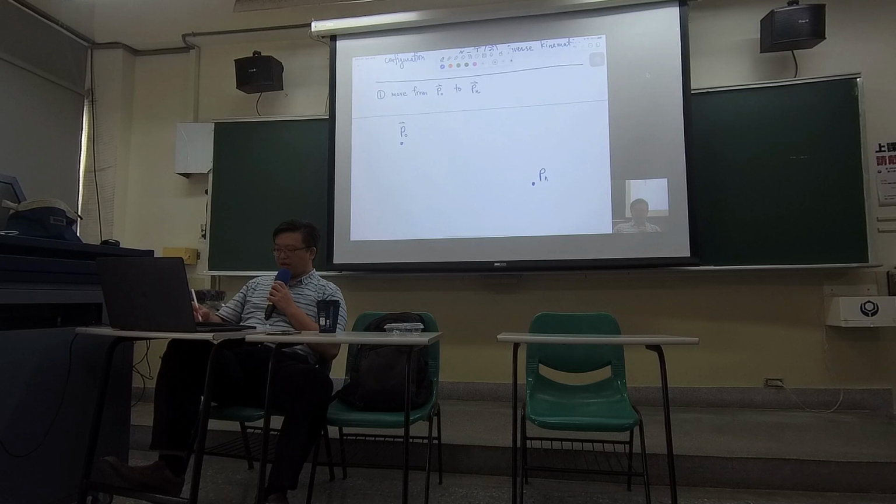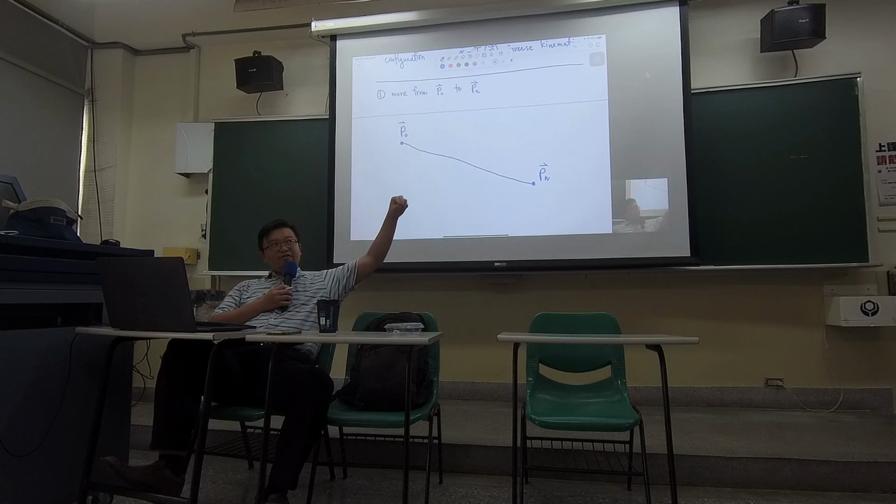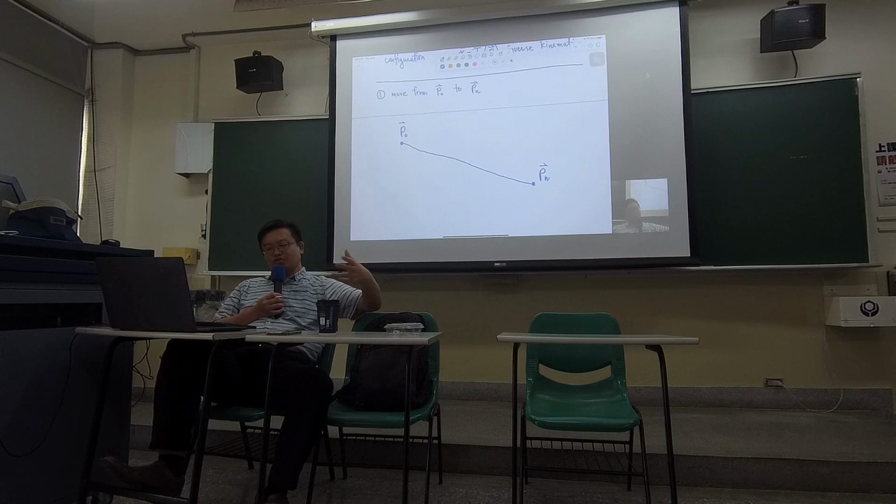This is the Pn point. If I want to move straight, then in the computer, you want the end effector to move straight from P0 to Pn. So you have to tell the computer or the controller where to go in the middle.